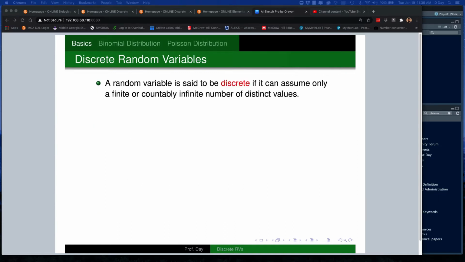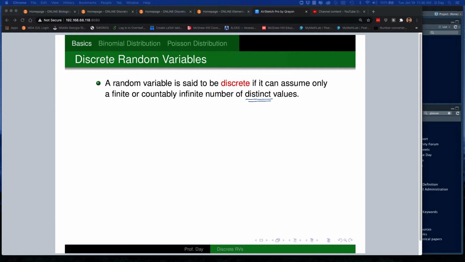All right, so discrete random variables. A discrete random variable can only assume a finite or countably infinite number of distinct values. The word distinct is important there. Most people gloss over that, but what distinct really implies is the numbers have to be whole numbers.